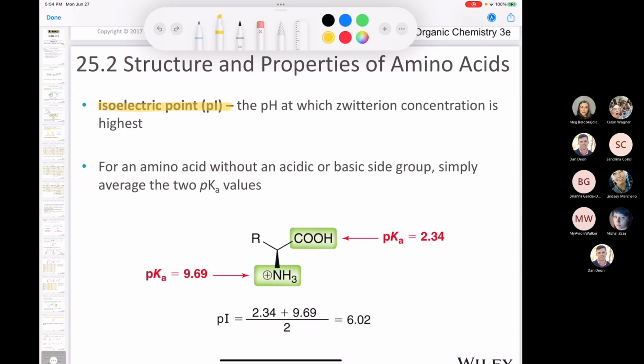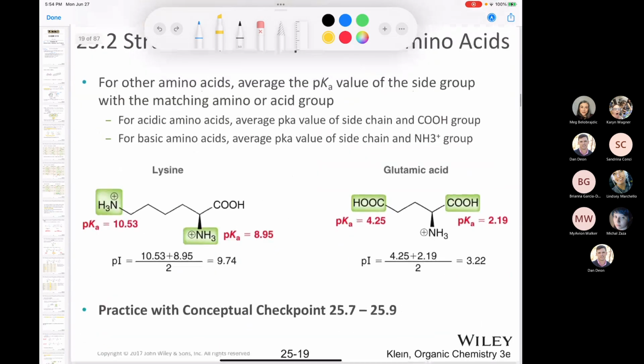So let's say we have something that has a pKa of 2.34 for the carboxyl group, 9.69 for the amino group. All you do is take the average and you say your isoelectric point, pI, is 6.02. So if you have this amino acid in a solution that is exactly at a pH of 6.02, you're going to have the maximal concentration of the zwitterion, where this is protonated as it is here, and this is deprotonated. Maximum concentration of the zwitterion. That's the isoelectric point.